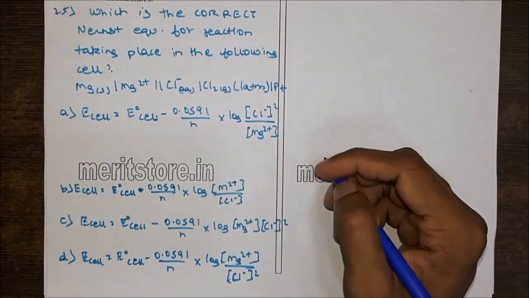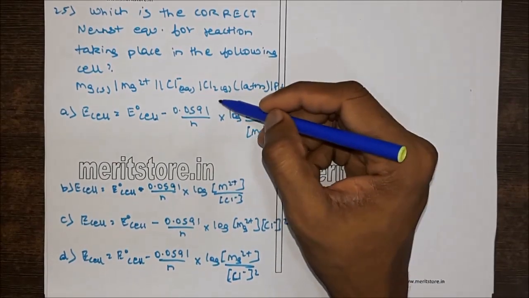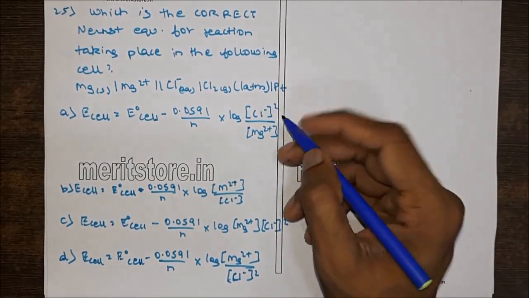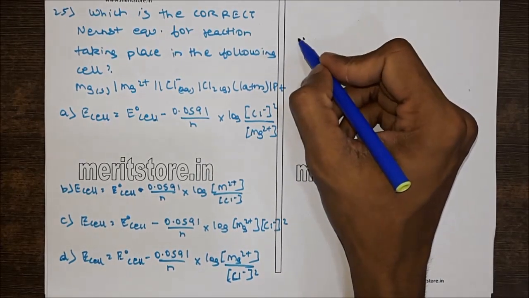Question 25, which is the correct Nernst equation for the reaction taking place in the following cell? This is the given cell over here. We are given 4 options. So we can write this cell equation in the form of oxidation and reduction.